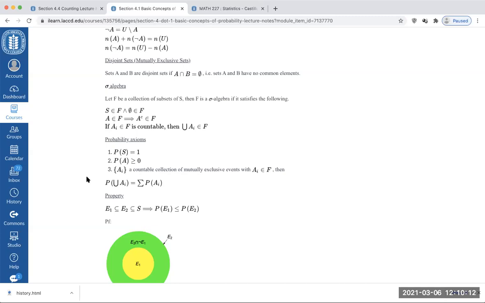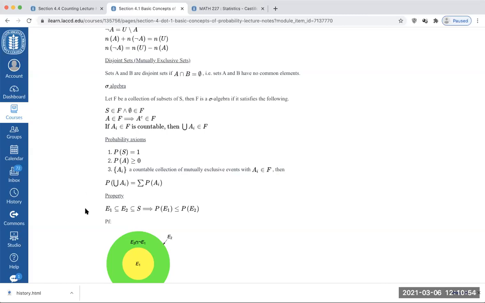Two, the probability of A is greater than or equal to 0, where A is any element in the sigma algebra F. Three, if A sub i is a countable collection of mutually exclusive events, mutually exclusive sets, so let's say a countable collection of disjoint sets with A sub i being in the collection, then the probability of the union of A sub i is just equal to the sum of the probability of A sub i.